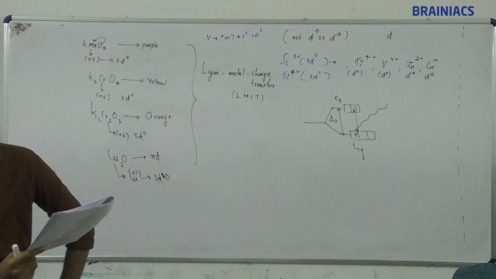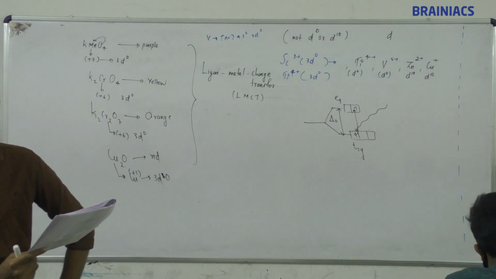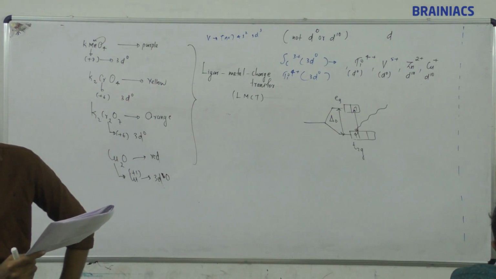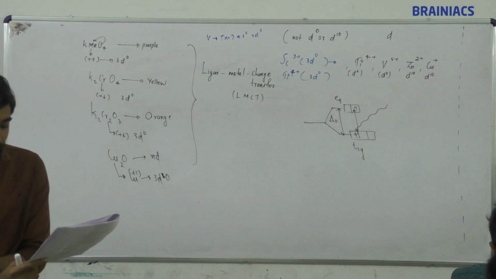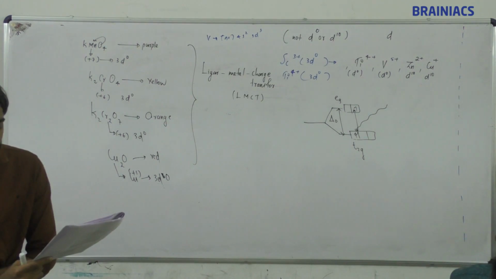Cr2+, 3d4, blue. Mn2+, 3d5, pink. Fe3+, 3d5, yellow. Fe2+, 3d6, green.